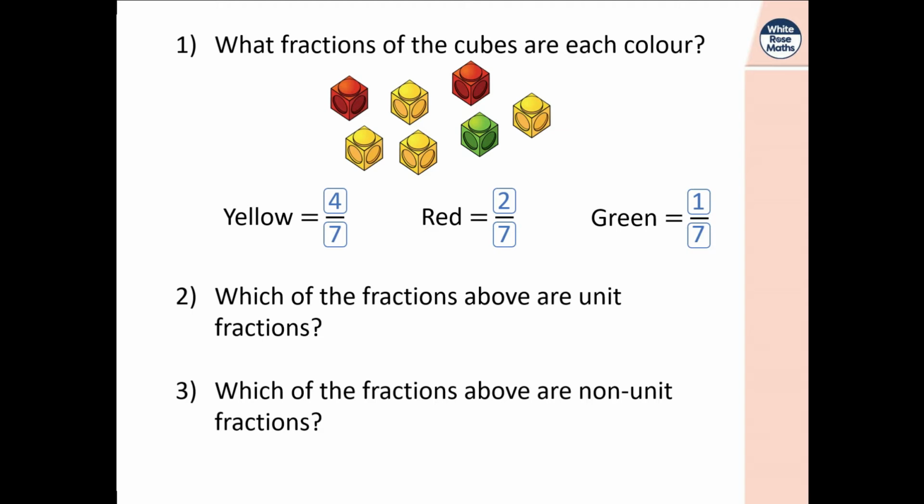Which of the fractions above are unit fractions? Do you remember the unit fractions has 1 in the numerator? So it is the green. And which of the fractions above are the non-unit fractions? Do you remember non-unit fractions have a numerator greater than 1? Well done. So it's the yellow with 4/7 and the red with 2/7.